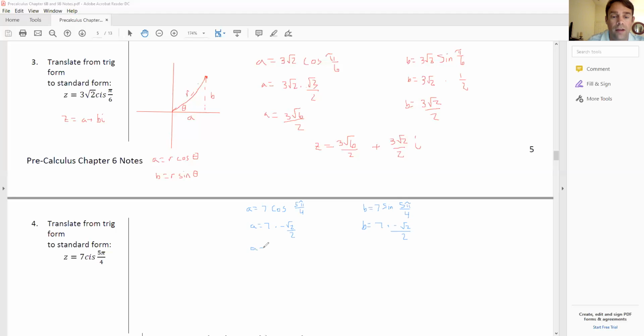So A is negative 7 root 2 over 2. B would be negative 7 root 2 over 2. So our Z value is going to be A plus Bi, and I should probably make that A minus.